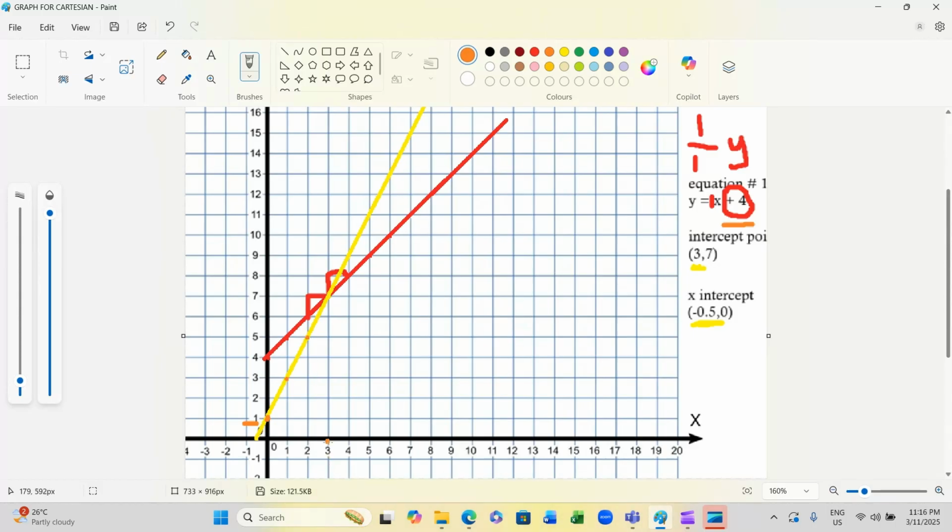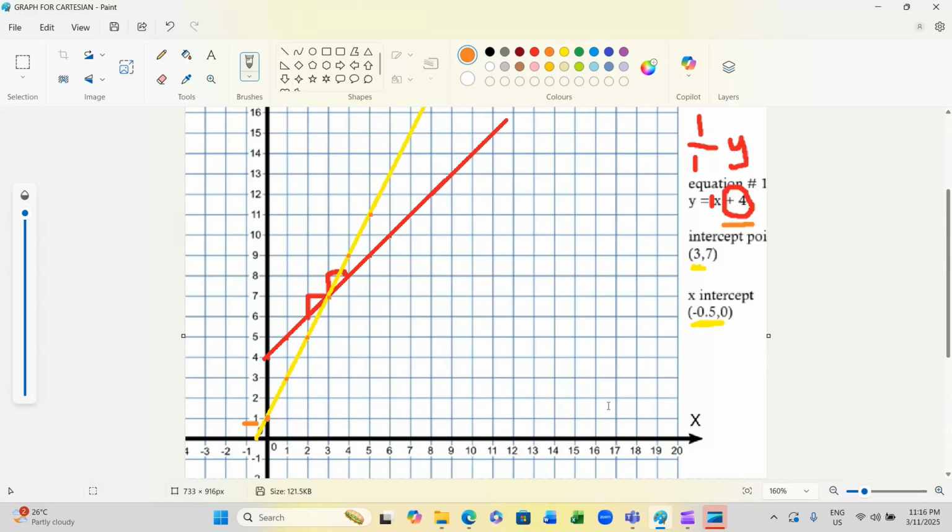We go to x-axis number 3, and the line meets at 7, which was our intercept point. We go to number 4 and go up, and the line meets at 9. Is there any pattern happening here? 1, 3, 5, 7. Is it going up in twos? Let's make sure. 5, and we travel up to see where the line meets, and it's at 11. 1, 3, 5, 7, 9, 11. It's going up in, you guessed it, twos.